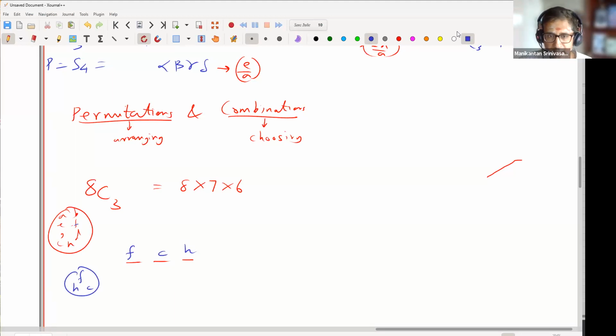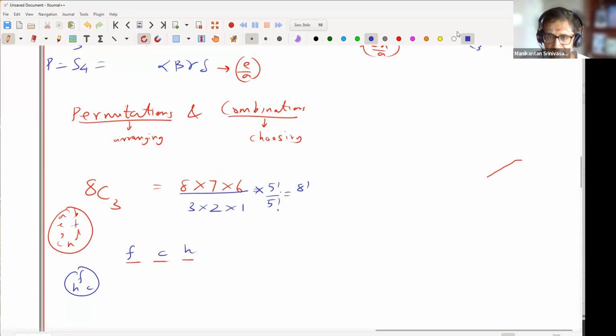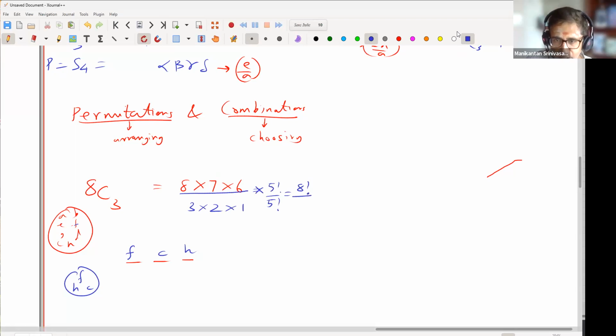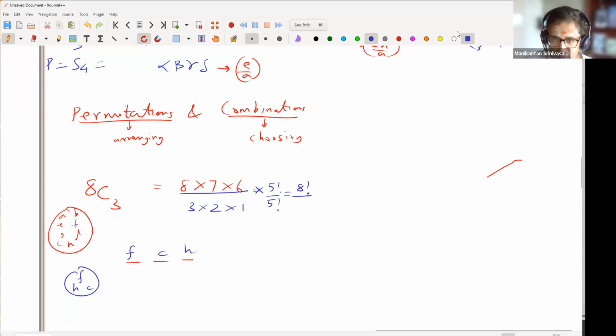Which means I'm overcounting by the number of ways in which I can arrange F, C, and H. Therefore, it's 8 into 7 into 6 divided by 3 into 2 into 1, which for convenience we can multiply by 5 factorial on top and bottom, so that you can write it conveniently as 8 factorial over 3 factorial times 5 factorial.